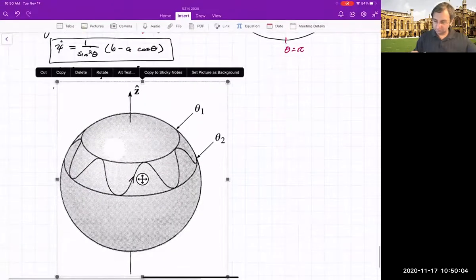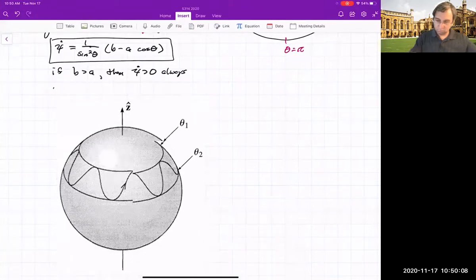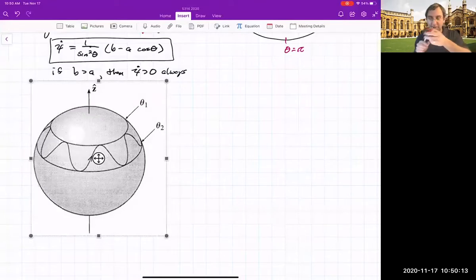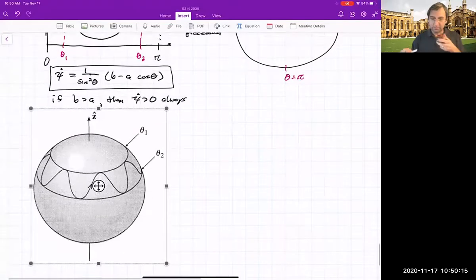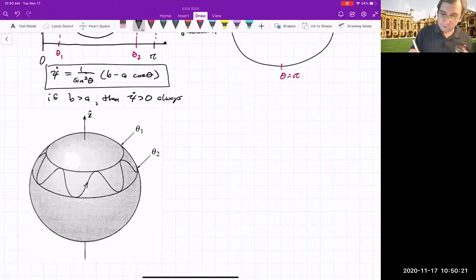So this is a picture showing that, what the tip of the spinning top does. I know I've gone over time, but this is the last one.